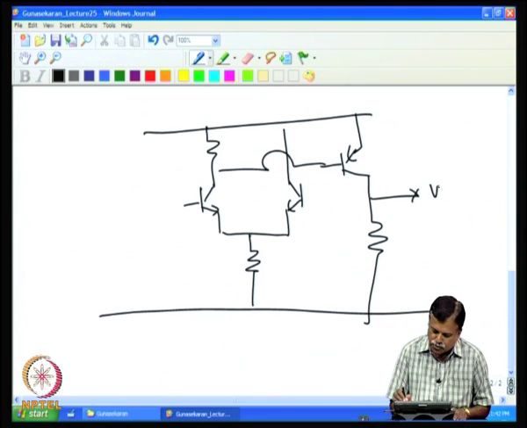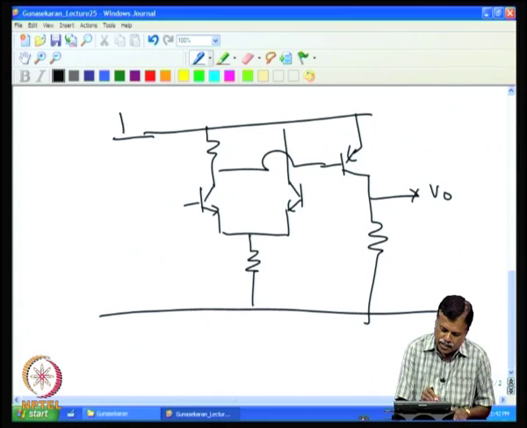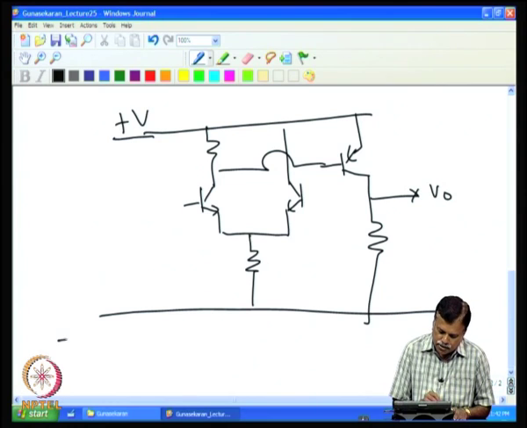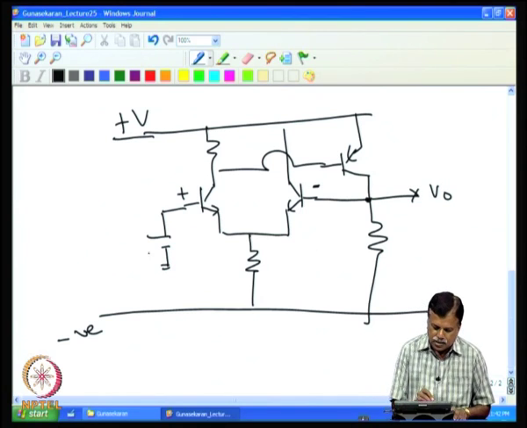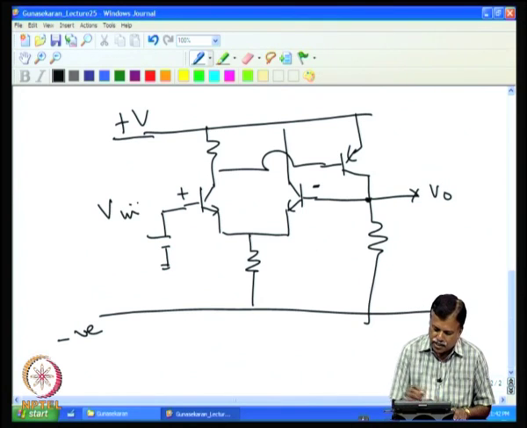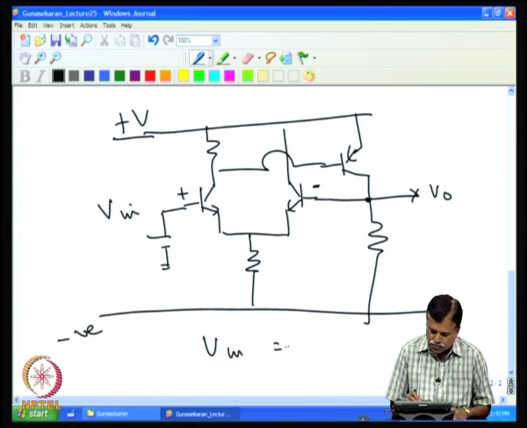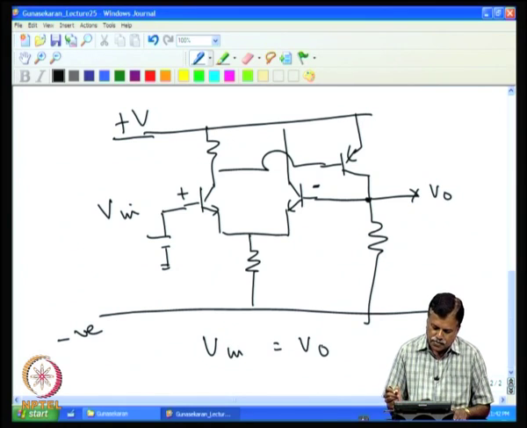This is acting as output, and this is the power line, plus voltage and minus voltage, and the 2 inputs, plus input and minus input. If it is a voltage follower, we directly connect this to the output, whatever voltage input is given appears at the output. So, V input is equal to V output.